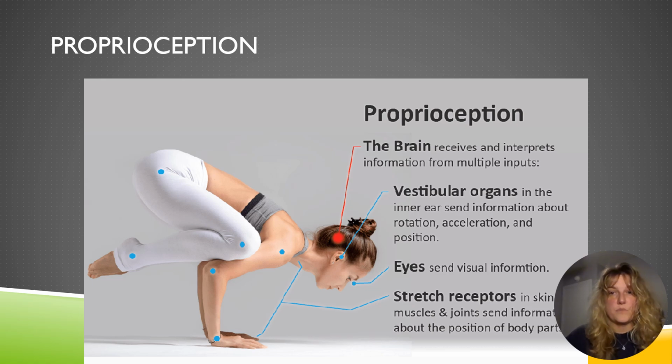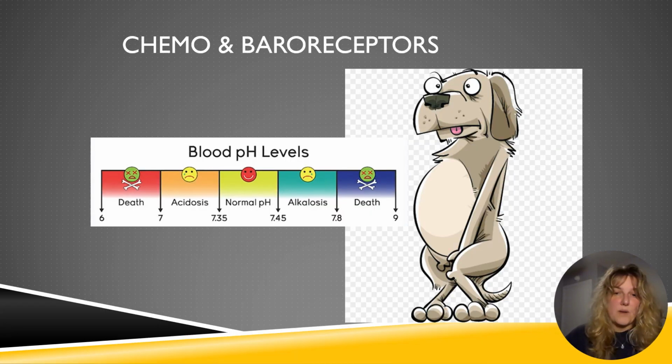And then another one that we talk about is our chemo and baroreceptors. So chemoreceptors measure chemical. It's all about your blood pH. Your baroreceptors are about stretch. And I think one of the best baroreceptors we could talk about is your bladder, because if you've been sitting for too long, suddenly you have to go to the bathroom, you have that receptor that is now being stretched because the bladder is so full that it's triggering that baroreceptor, recognizing that there's pressure, and it's telling your brain you need to go to the bathroom.